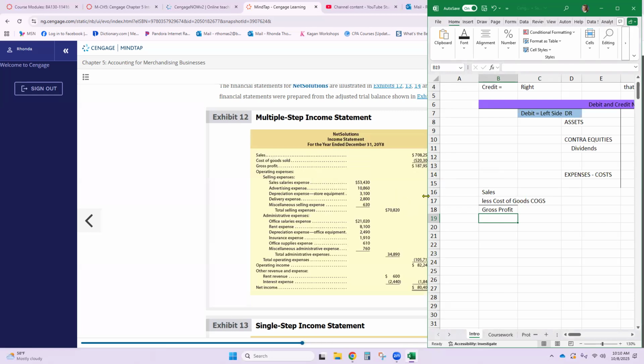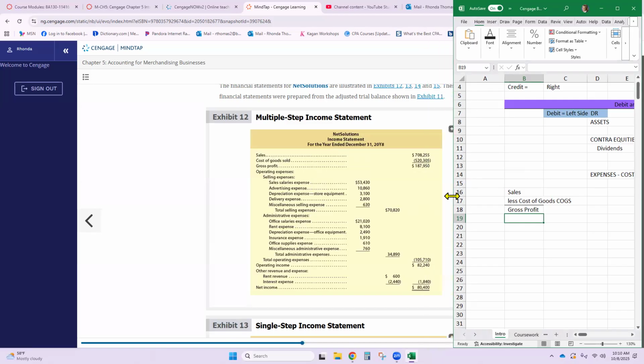We break up operating expenses into two main categories. Okay, two main categories: selling and admin, and in that order. And then in each of these categories, we use that ascending order, right? Miscellaneous always last, no matter what the amount is, right?